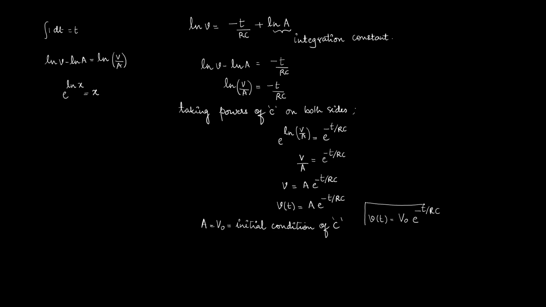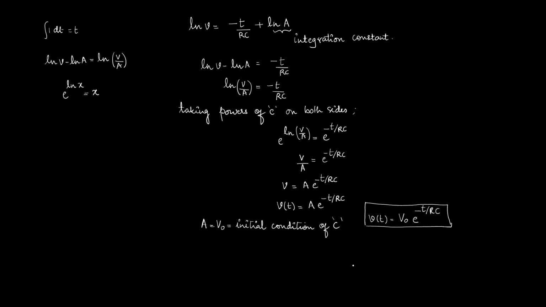So this is the expression for voltage across the capacitor for a source free circuit, and it is the response of the RC circuit, which is an exponential decay of the initial voltage.